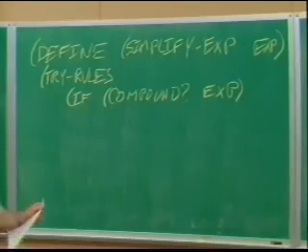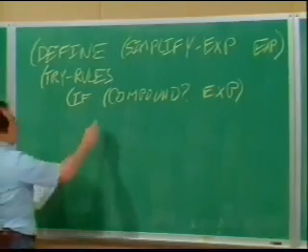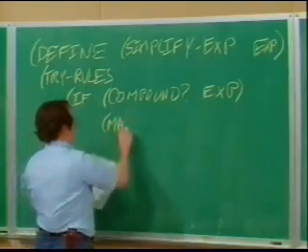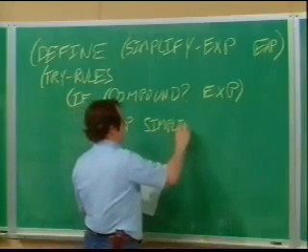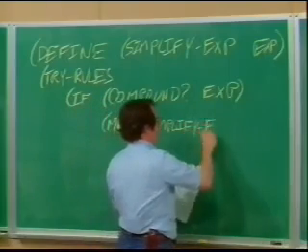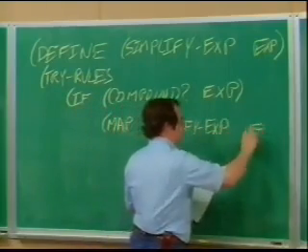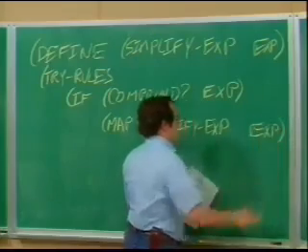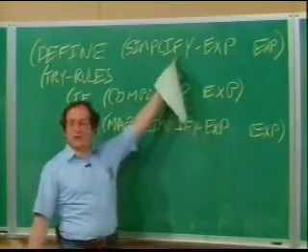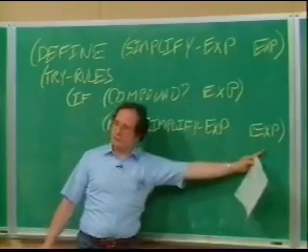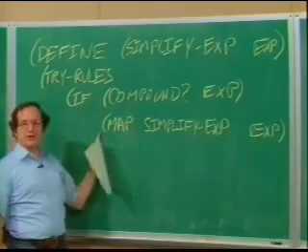It's called map. So I'll just write that here. Map simplify down all the parts of the expression. This says apply the simplification operation, which is this one, to every part of the expression, and then cons those up into a list.